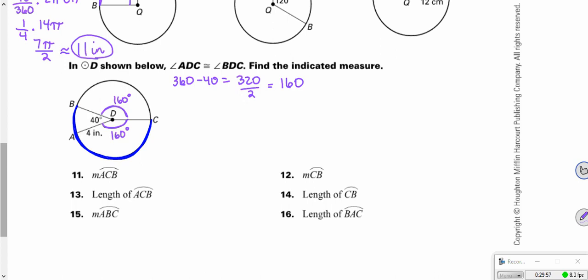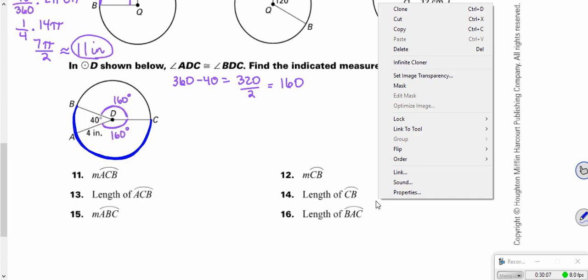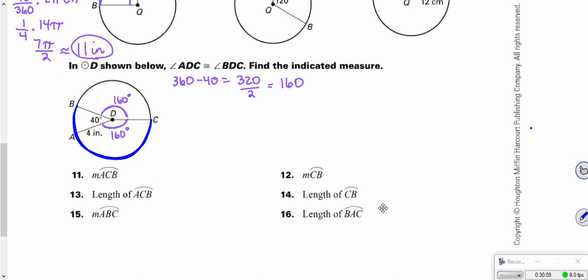So if I set up my proportion here for number 16, 160 plus 40 is going to give me 200. Remember your basic setup again is arc measure over 360 equals arc length over circumference. Let me write that again.